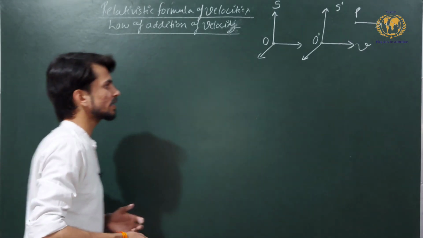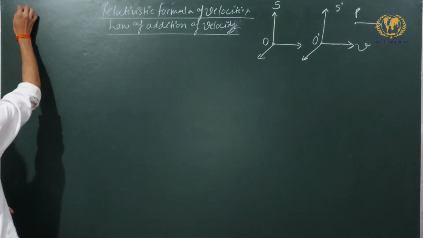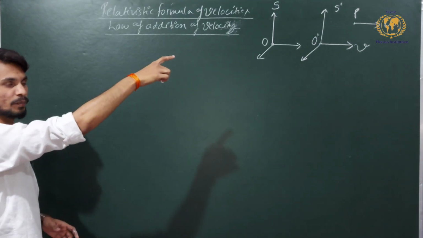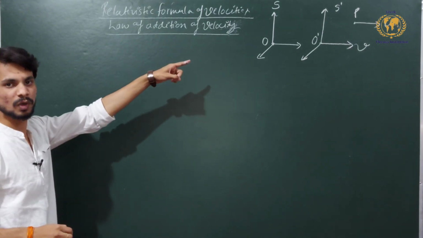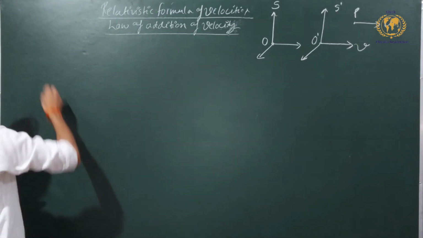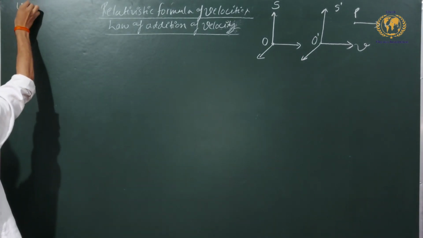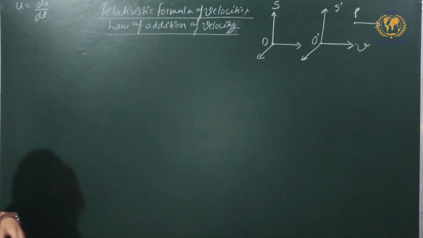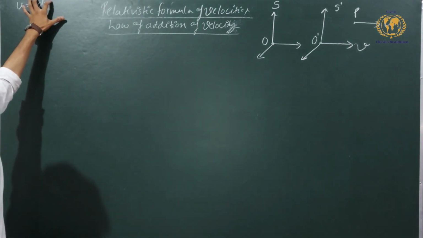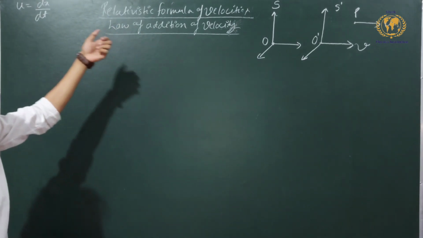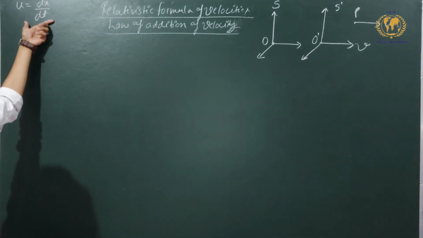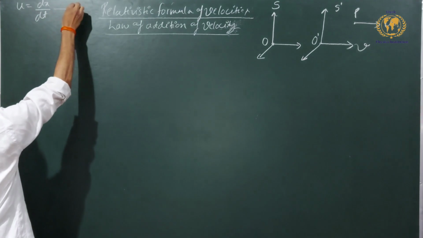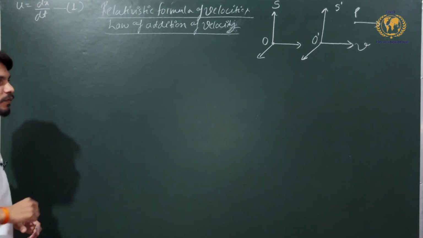In that case, the velocity of the particle P measured by observer O in frame S will be u equals dx upon dt, where dx is the distance traveled by the particle P in a small interval of time dt. Let's say this is equation number 1.